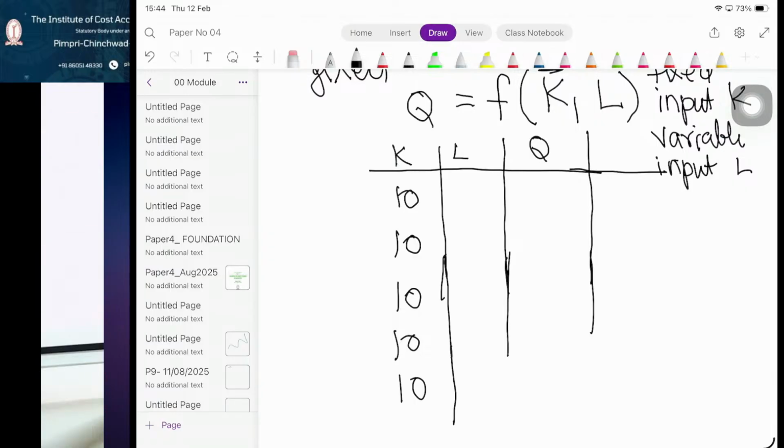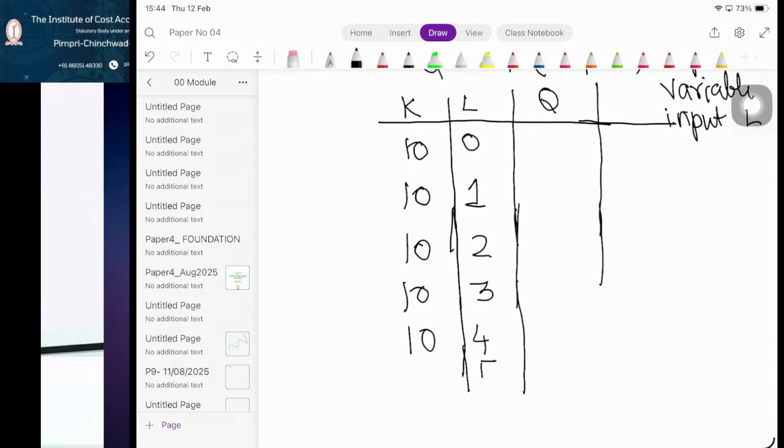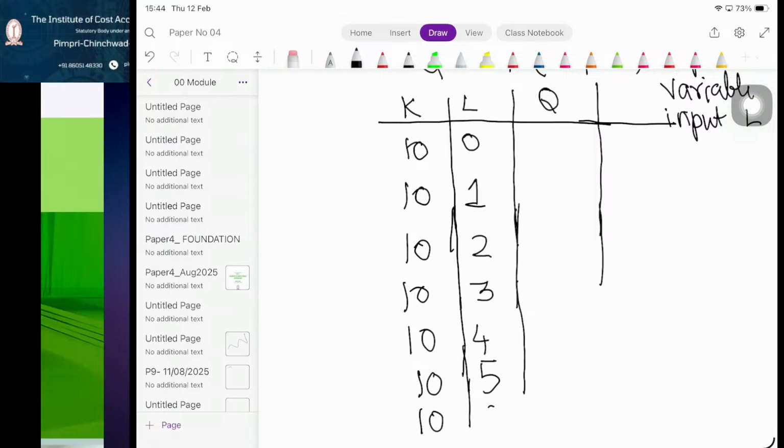Okay, and let us say labor input is 0 and 1, 2, 3, 4, let's go till 5 or 6. 6. All of you got this?